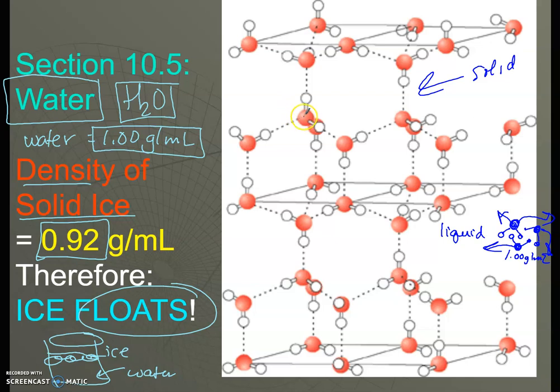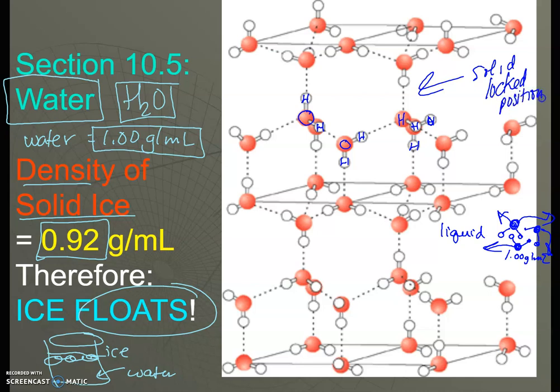What that means is that the oxygens have to be in a very specific place and the hydrogens need to be in a specific place so that the next hydrogen and the next oxygen and so forth are all going to match up, because they are going to be locked in their position.